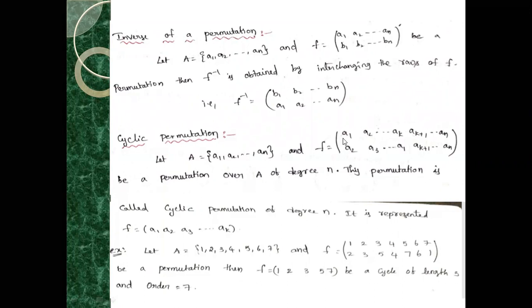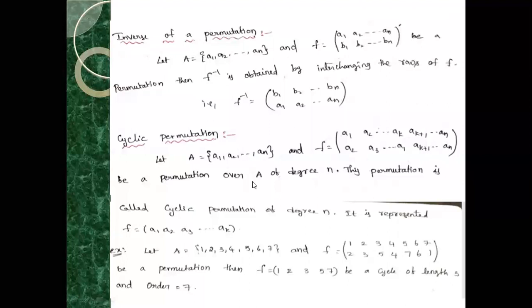So this is a cyclic process. A1 to A2, A2 to A3, next A3 to A4, and so on, until AK to A1. So here the cycle ends. The starting value is A1 and the ending value is A1. Then AK plus 1 and so on AN are mapped to themselves.